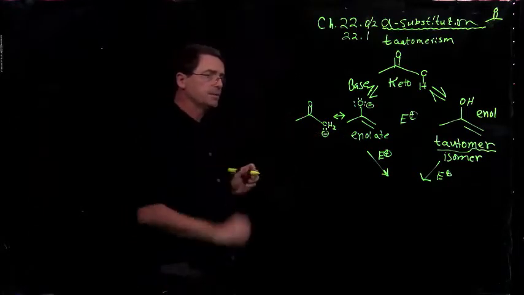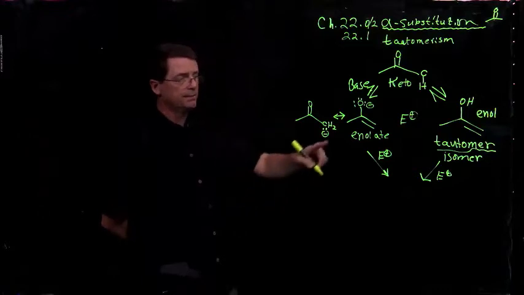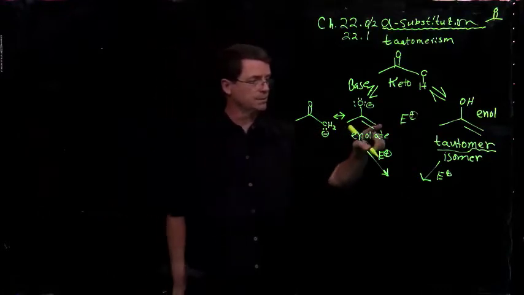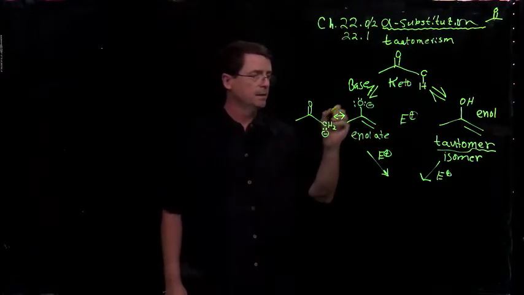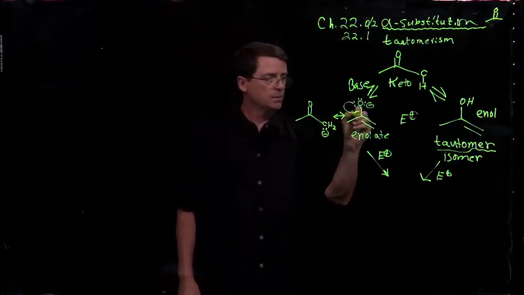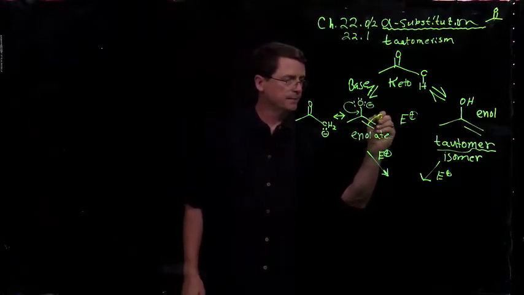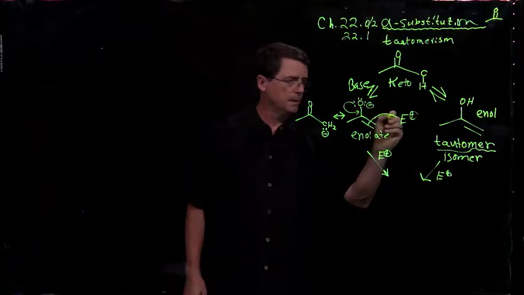And from this resonance form, you can see that it is nucleophilic at the carbon also. So it's nucleophilic at either end. For most of the things we're going to deal with, we will see reactivity at the carbon end.